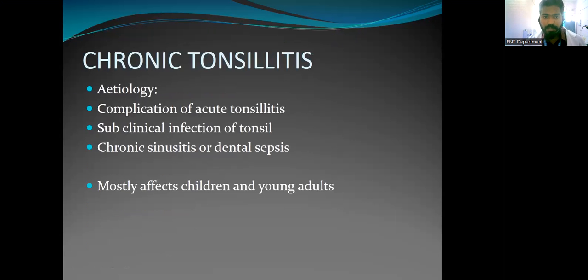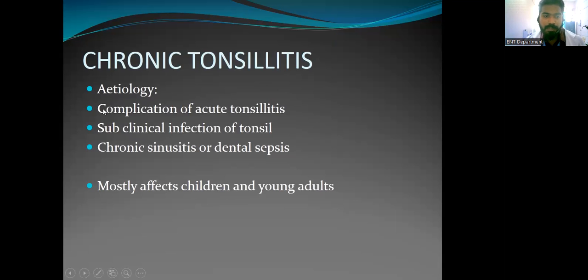Now moving on to chronic tonsillitis. Chronic tonsillitis is a complication of an acute tonsillitis. Basically, something which is acute, due to repeated infection and inflammation, progresses to a chronic stage. That's chronic tonsillitis.